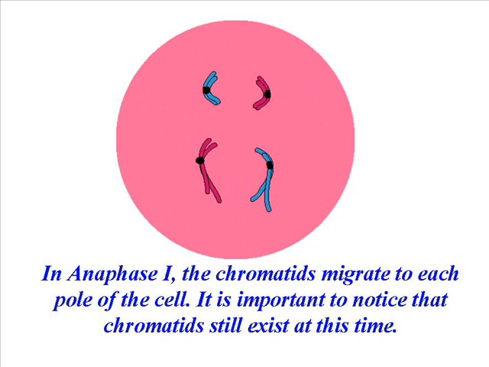And so at this point, the chromatids will move to opposite poles of the cell, again being pulled by the spindle fibers. And once they move to the opposite poles of the cell, at that point, anaphase 1 will have drawn to a close.